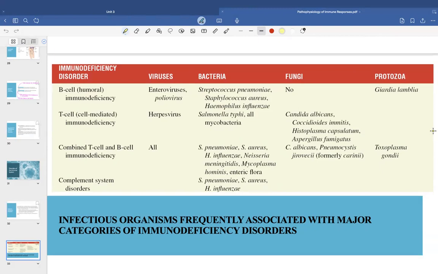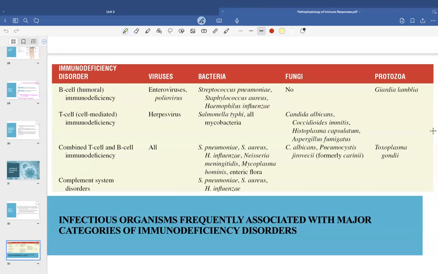So if you have a B cell deficiency, you're really looking at a lot of bacterial infections. These are clues. Those molecules, those antigens on the surface, enteroviruses, polioviruses, but look at all the bacterial infections: strep, staph, H flu, some of your bad actors.